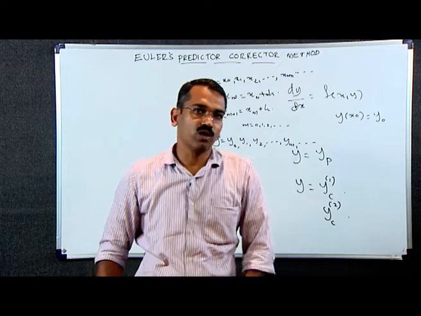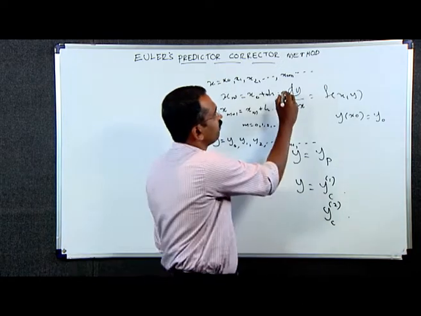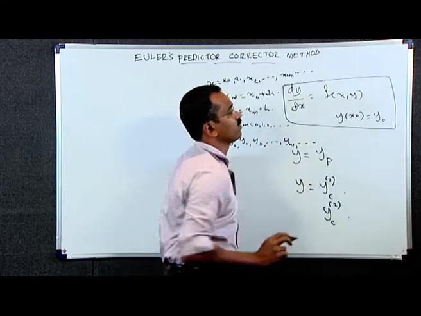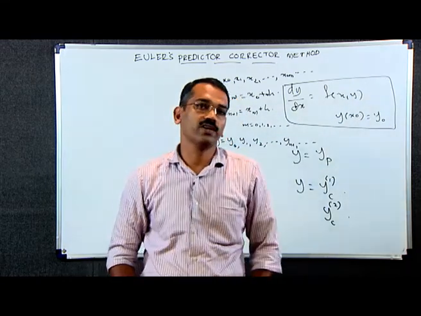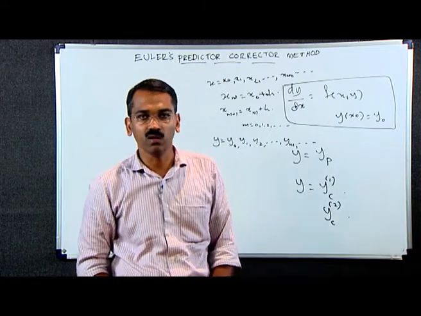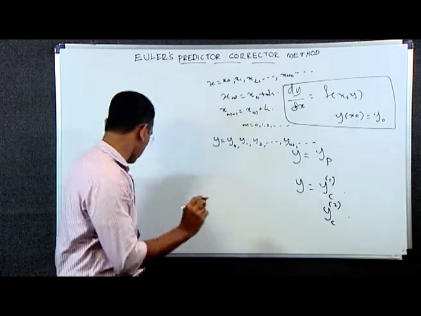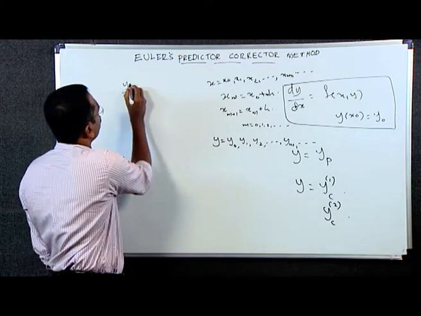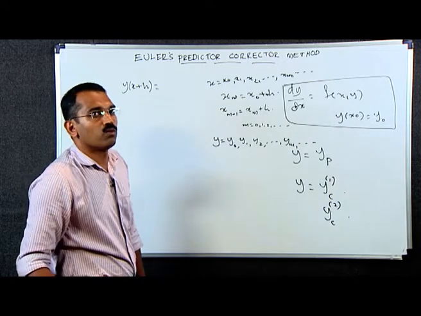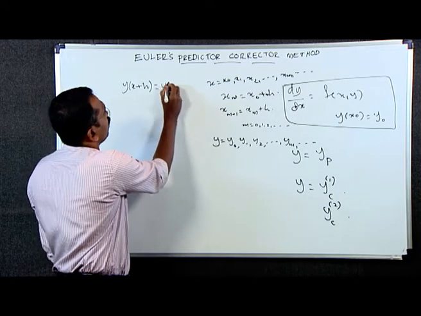The solution of the differential equation dy by dx is equal to f of x, y, such that y of x naught is equal to y naught is given by the simple Euler's formula y of x plus h is equal to y of x plus h into f of x, y.